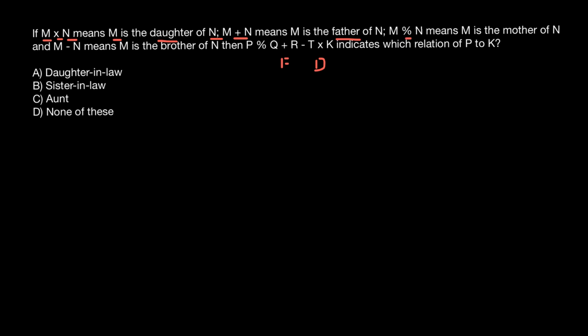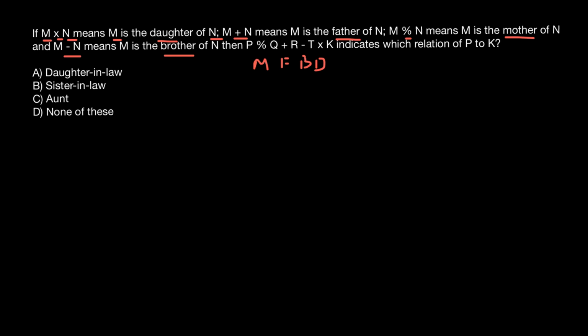M percent n means m is a mother of n. So percent means mother, and we put M here. Minus means that the first is the brother of the second, so we put B here. Now we have everything we need in order to solve this problem.